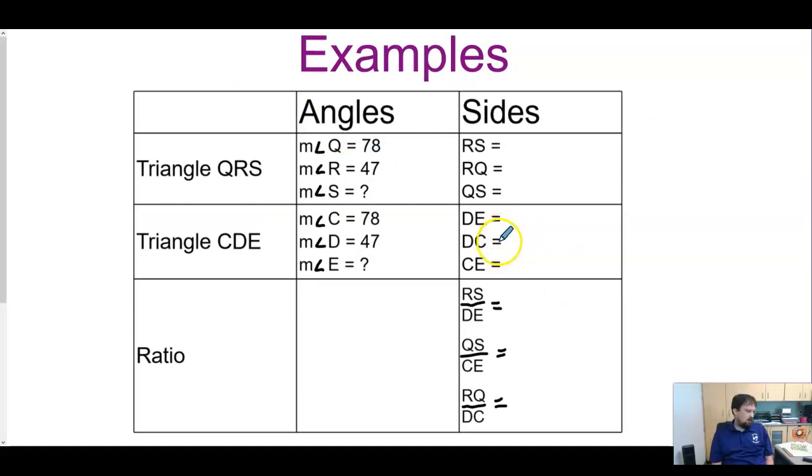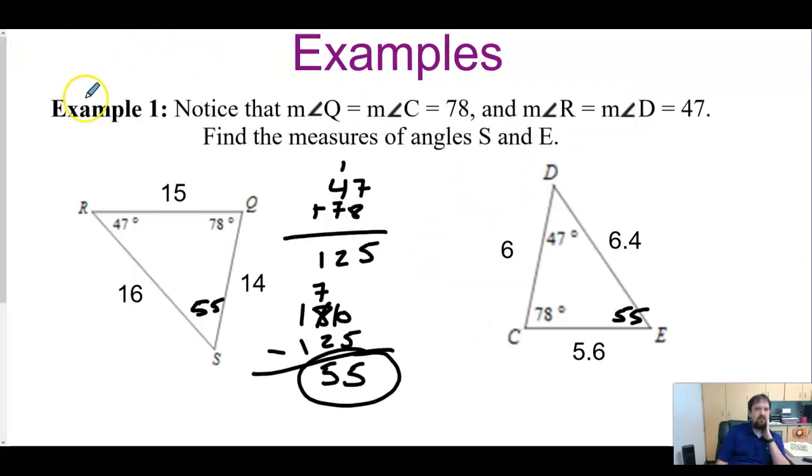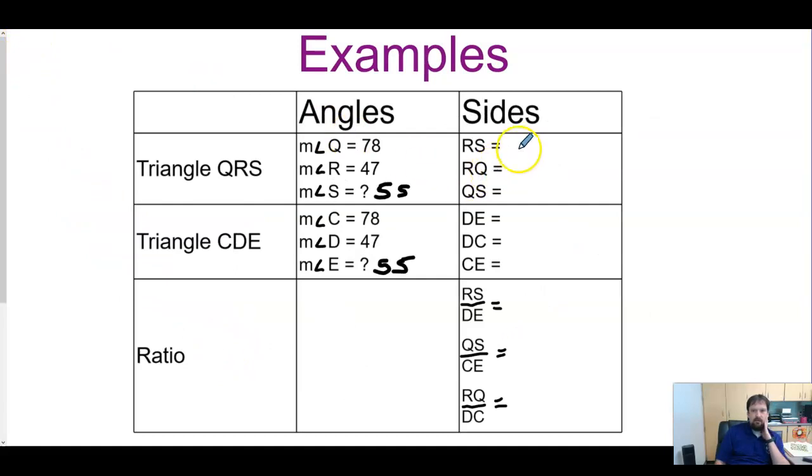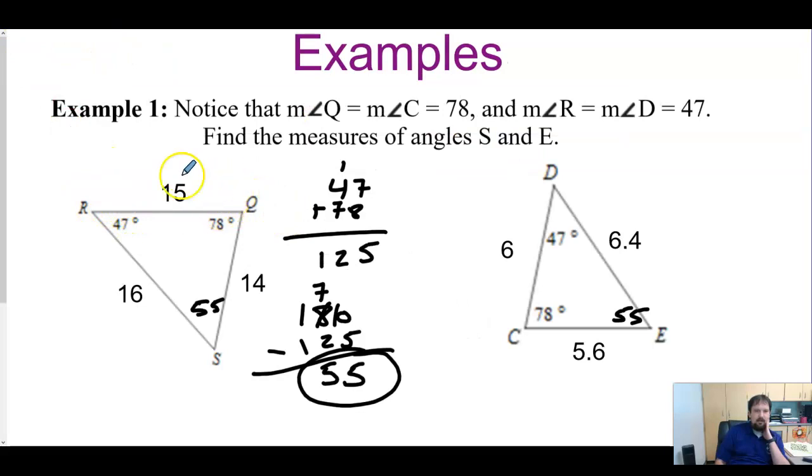So in triangle QRS, we just found the measure of angle S was 55, which means the measure of angle E is 55. Let's find the side information. RS is 16, from R to S. RQ is 15.